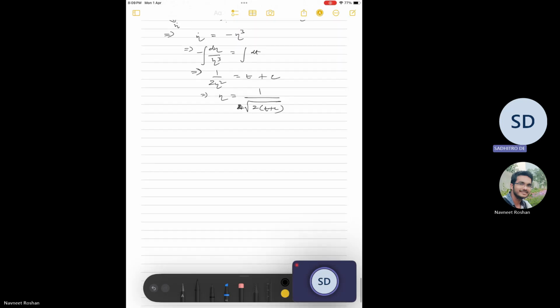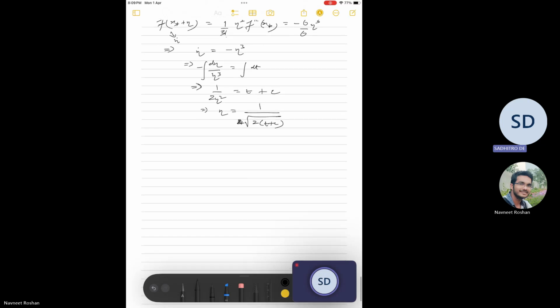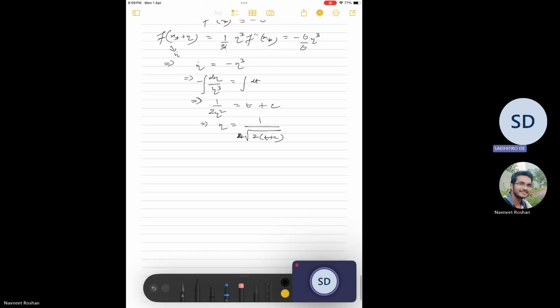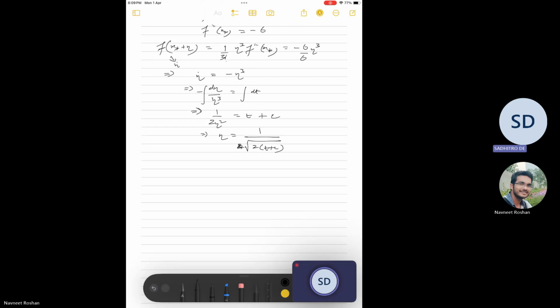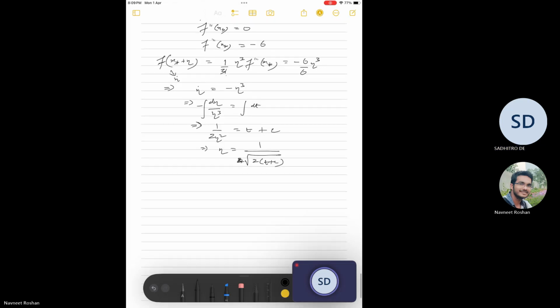So an interesting thing which we observe over here is that the perturbation, first of all, is it a stable or an unstable fixed point? That we have to find out first.